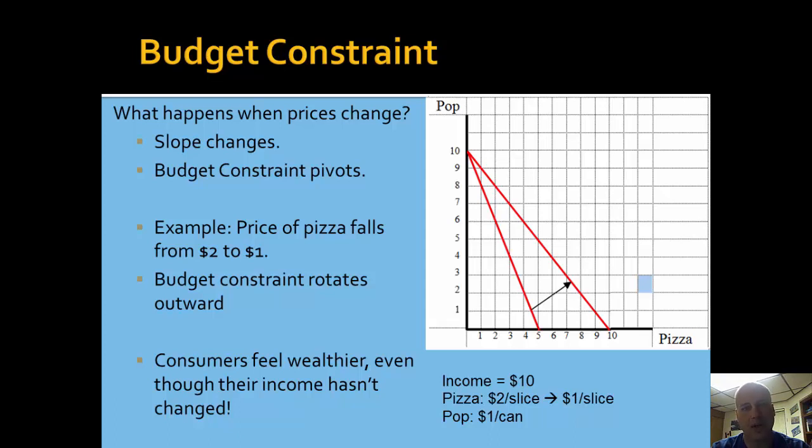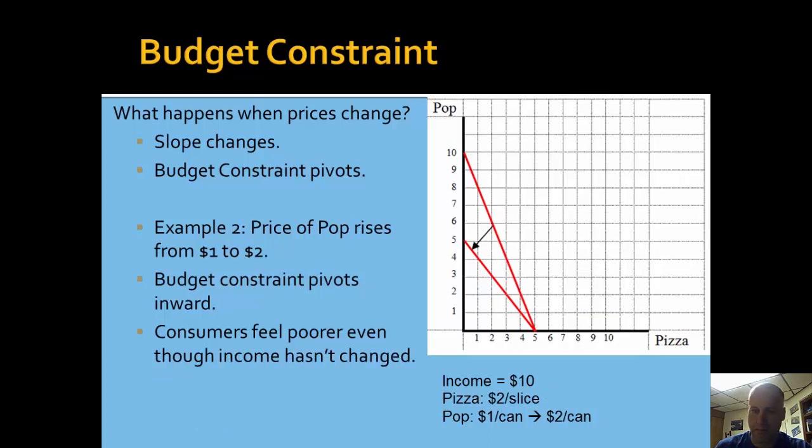Consumers feel wealthier because something that they like to purchase has now become less expensive, even though they haven't had any increase in income. Everything's cheaper, and so they feel wealthier. If you look at the graph, you can see the arrow indicating the shift in the budget line. The old budget line, the narrower, inside red line, represented the old budget constraint.